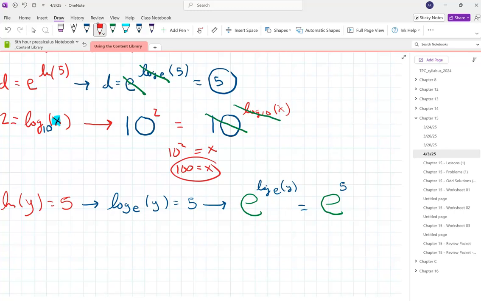So it's e to the left-hand side and e to the right-hand side, not e times the left-hand side. Everybody's okay with that? So y would just then be e to the 5th. And if you wanted the number, you could type e to the 5th into your calculator and get a decimal.